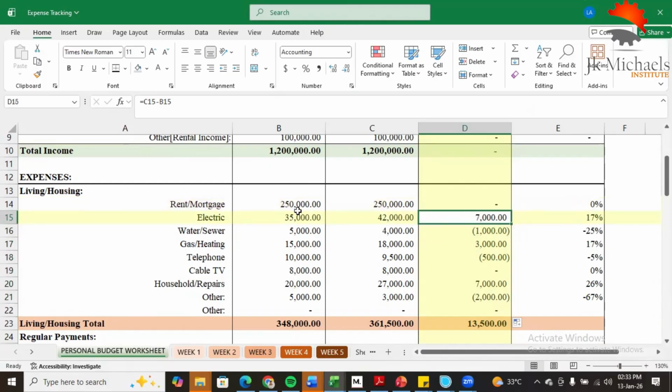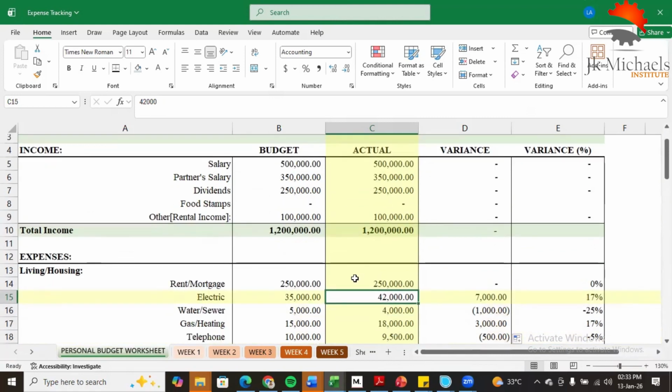If you see a positive figure, what it means is that we performed above the budget. If you see a negative figure, we overspent. Sorry, positive figure in this case means we spent actually above the budget.